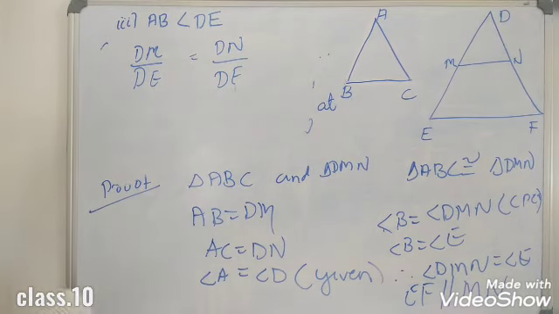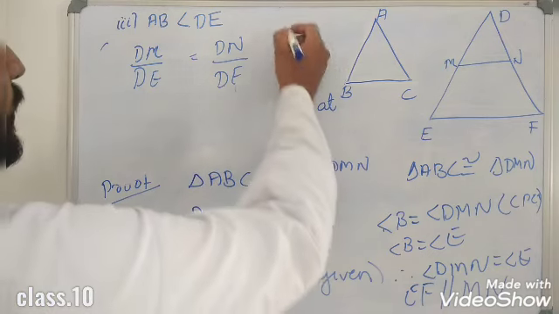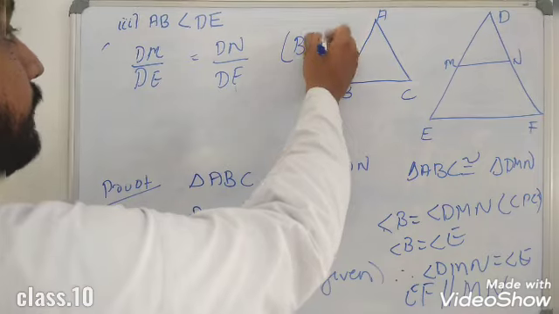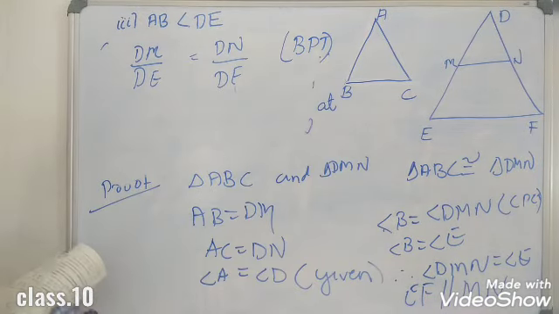Angle DMN is equal to angle E, therefore EF is parallel to MN. So by BPT we can say that DM by DE is equal to DN by DF.